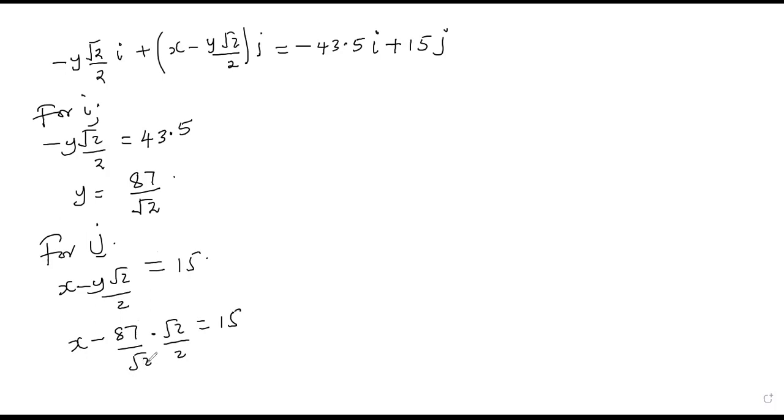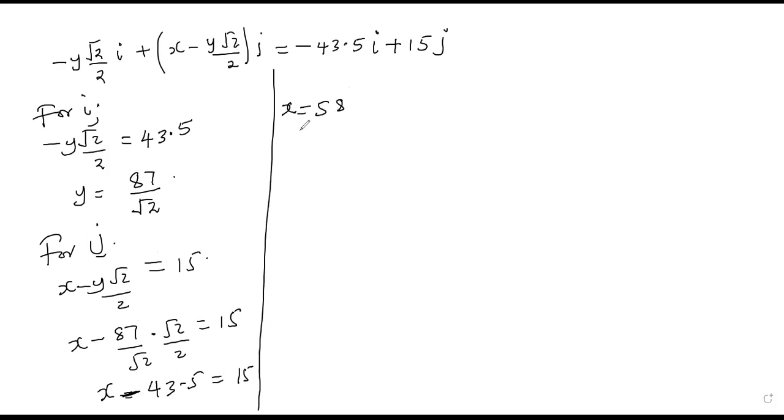All right, so this one will cancel, and we shall have x minus 43.5 equaling to 15, giving us our x as 58.5 kilometers per hour.